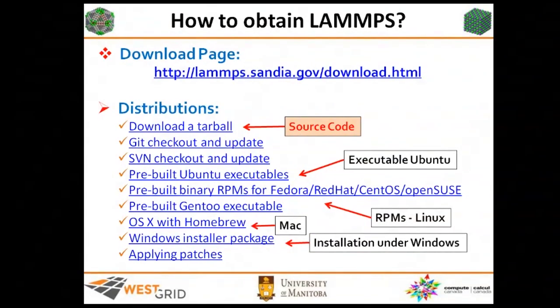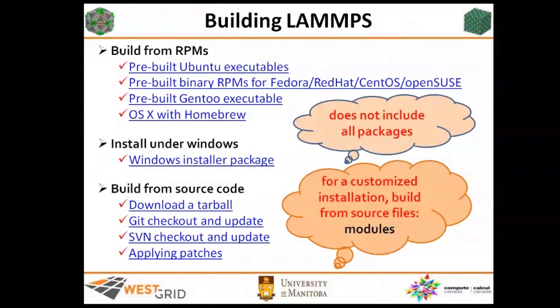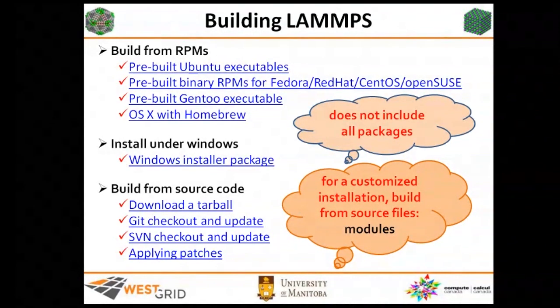Now, how to build LAMMPS? As I said in the previous slide, it's possible to build LAMMPS from RPMs. It's also possible to run it on Windows just for testing, not for production runs, because you cannot run large simulations on your laptop.